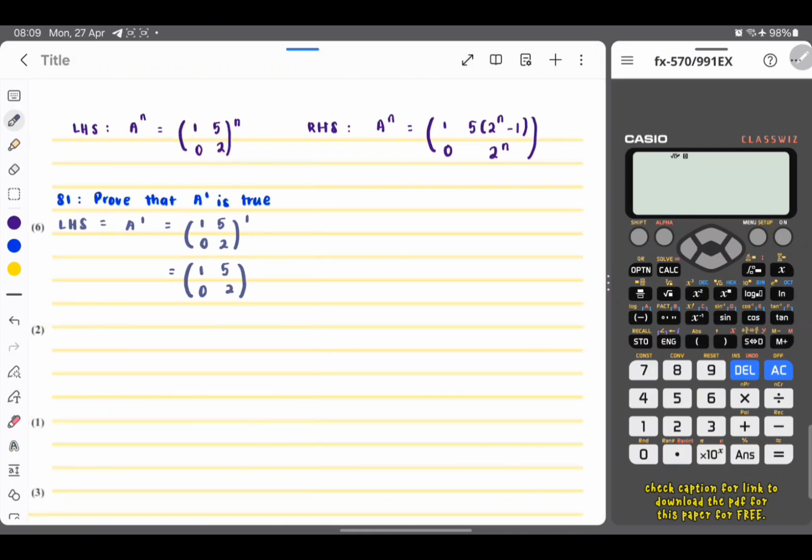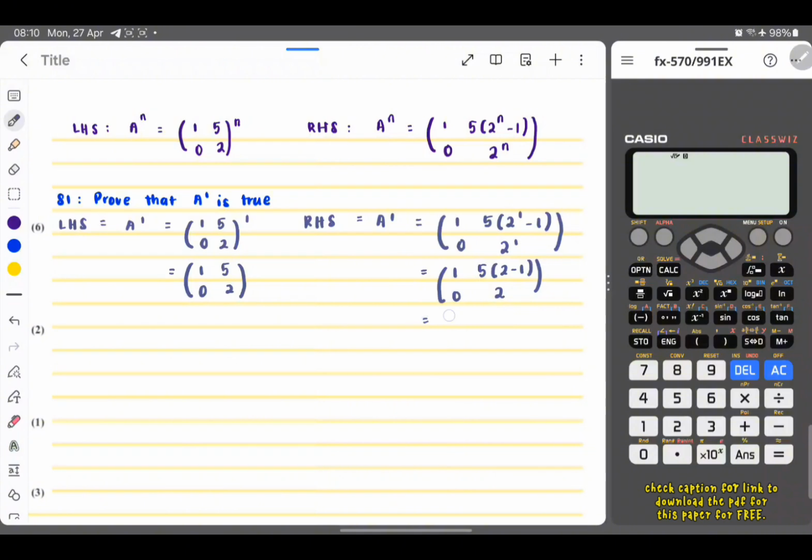Let's take a look at our right hand side. Our right hand side is A to the power of 1 equal to [1, 0, 5(2 to the power of 1 minus 1), 2 to the power of 1]. So let's simplify. Over here we'll have [1, 0, 5(2 minus 1), and here would be 2].